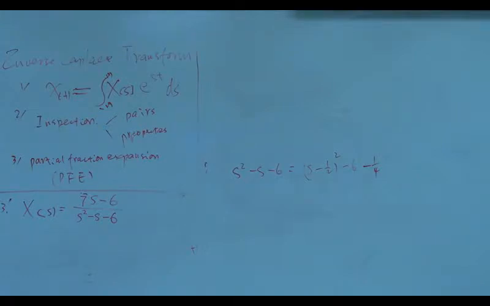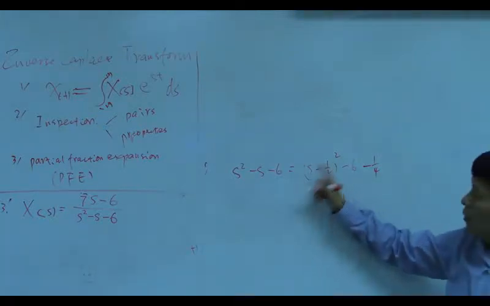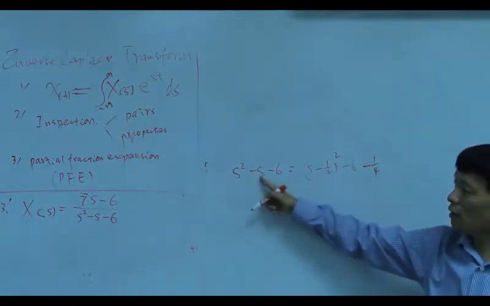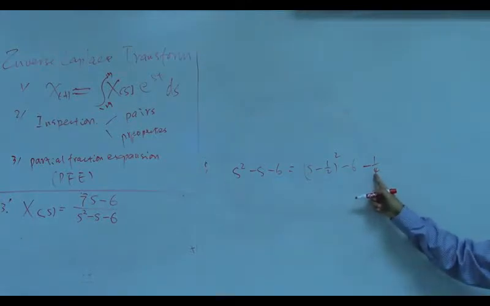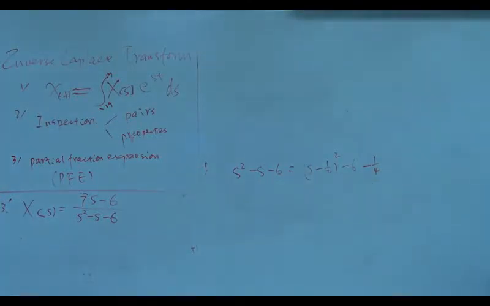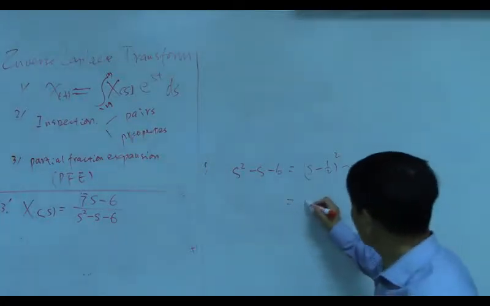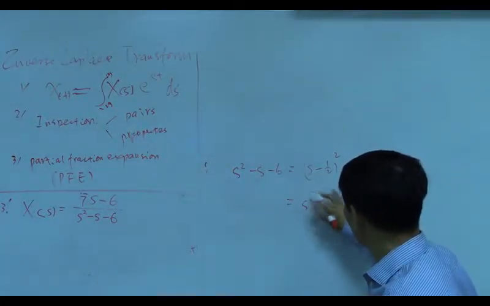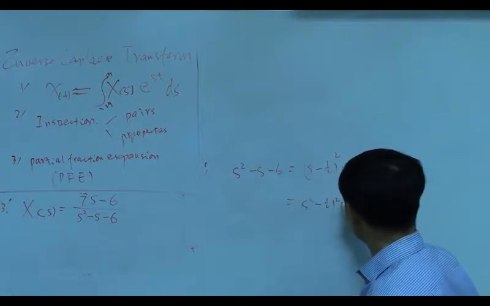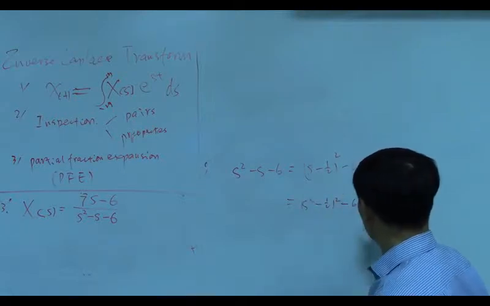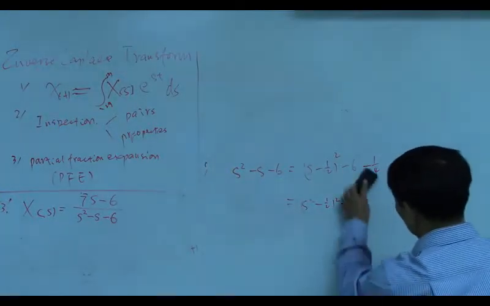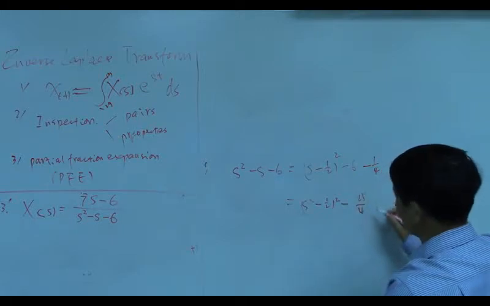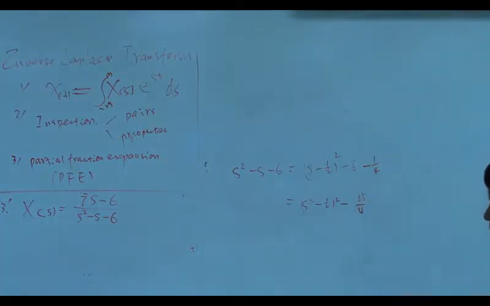Good? Because this one equals s squared, this is minus s, and we don't have this plus a quarter, so we need minus this quarter to be equal to this. So this will be equal to (s minus half) squared, and minus 6 and a quarter. 6 and a quarter looks like 25 over 4.